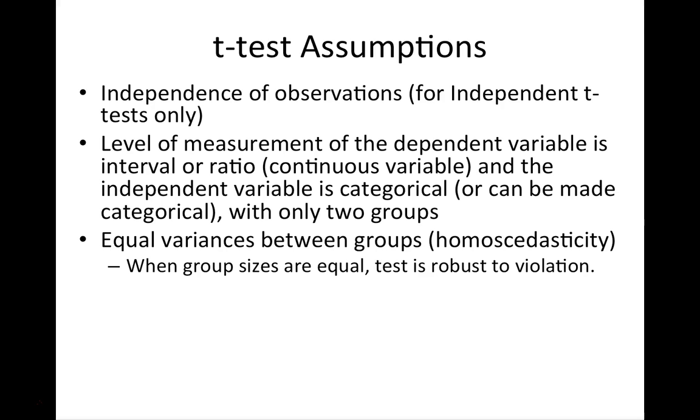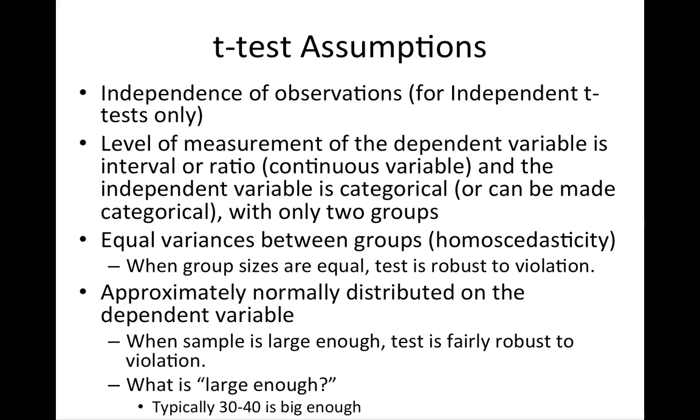And so this is an assumption that we make. The t-test in SPSS gives us an option for a different version of the t-test that accounts for unequal variances between the groups. And typically when our group sizes are fairly equal, the test is fairly robust to this violation. So this is not one that we think about a whole lot, to be honest.